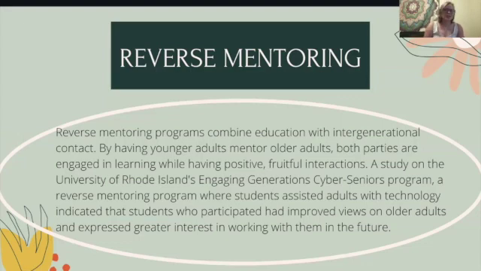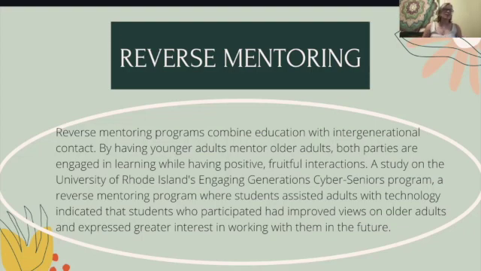So reverse mentoring can be an incredible tool to combat ageism because it allows the youth to engage with the older generation and teach them a life skill that is useful for the older generation. And then the older generation gets to interact with the youth and they get to dispel all of their adultist notions.